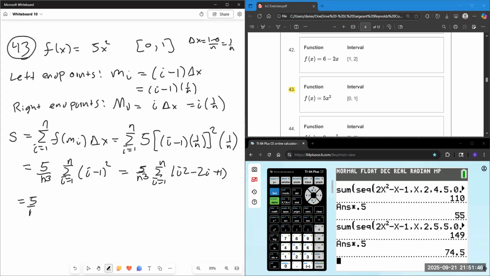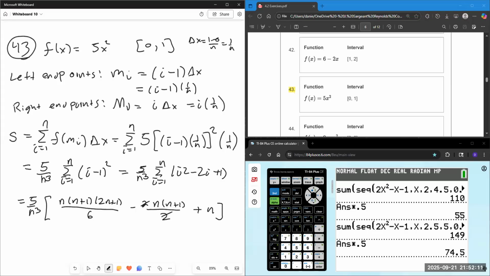That's 5 over n cubed times n plus 1 times 2n plus 1 over 6 minus 2n times n plus 1 over 2 plus n. 2 over 2 will cancel.